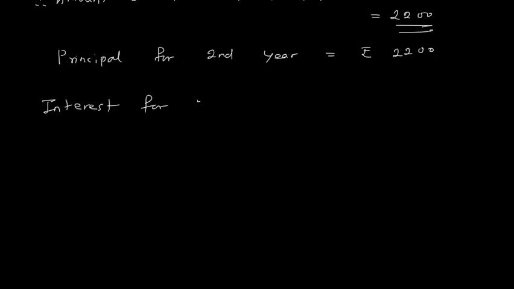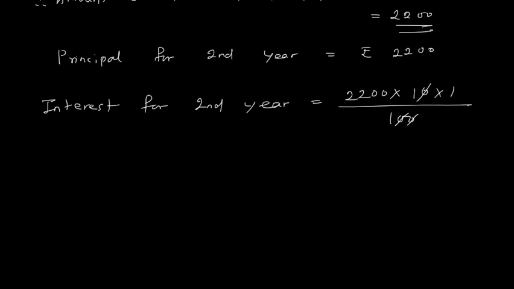Now interest for second year is equal to 2200 multiplied by rate 10 divided by 100. So I will get rupees 220.